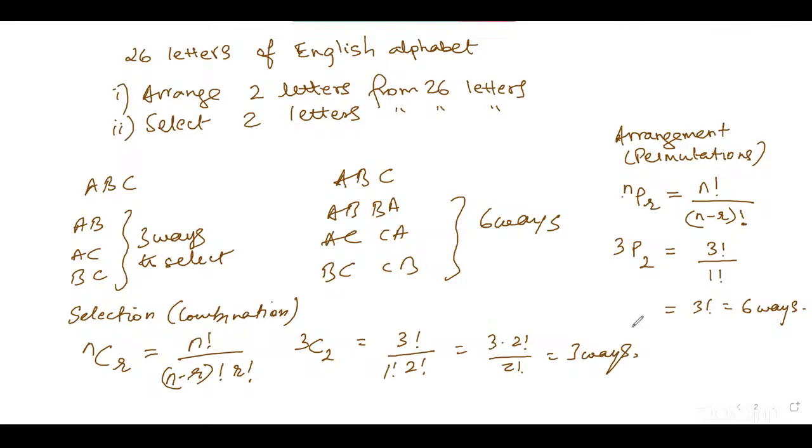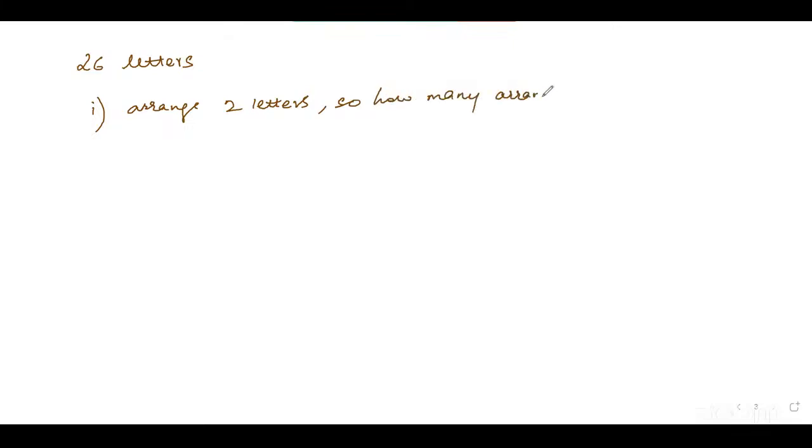Now let's solve the question of 26 letters. If you have 26 letters and you are to arrange 2 letters, how many permutations or arrangements do you have? Then we use the formula NPR.